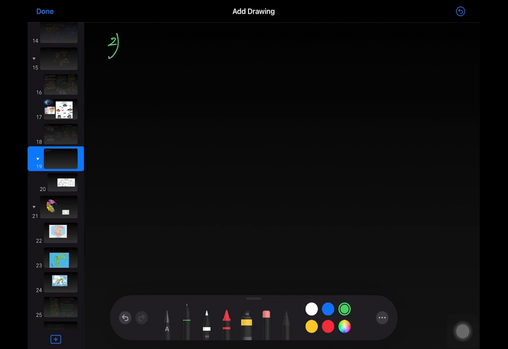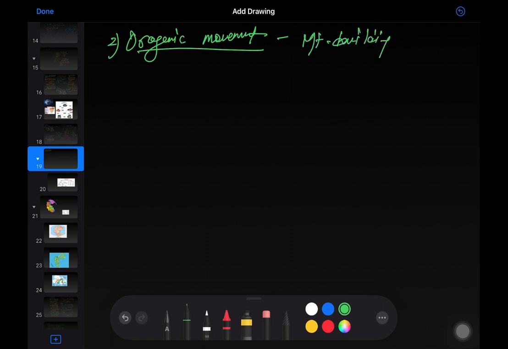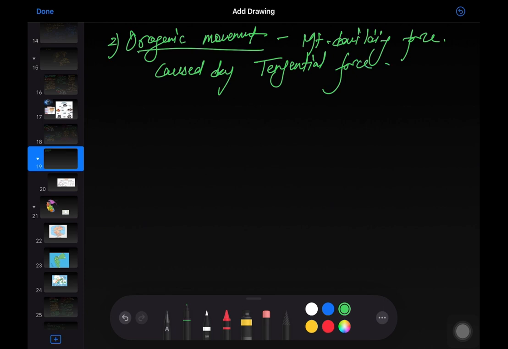Second is orogenic movement. Orogeny, these are the mountain building forces caused by tangential force. Let's see. This is our Earth. This Earth's crust.